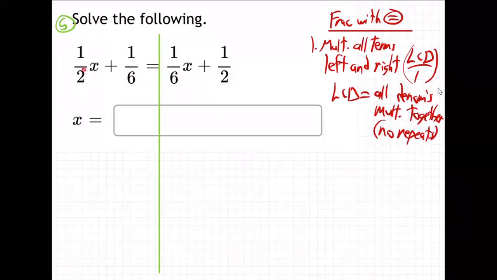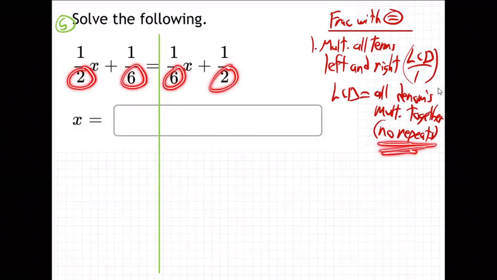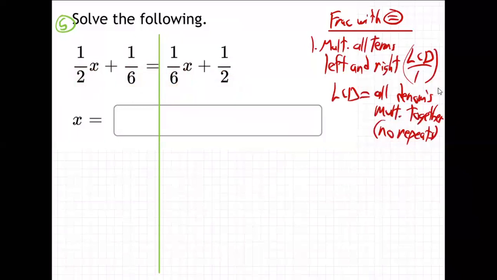So as you take a look, we got a 2, a 6, a 6, and a 2. So we're going to multiply those all together, but no repeat. So I'm not going to use the 6 twice, and I'm not going to use the 2 twice. I'm just going to go, 2 times 6 over 1. Same thing here. 2 times 6 over 1. 2 times 6 over 1. And 2 times 6 over 1.